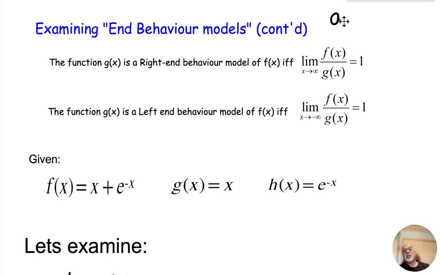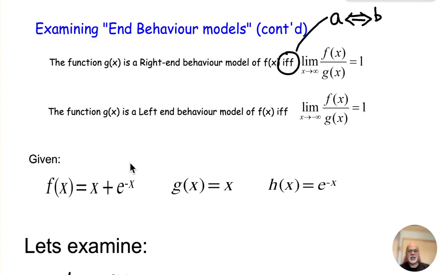In other words, if A implies B, B also implies A. So that's what IFF, if and only if, means. Likewise, the function g of x is a left end behavior model of f of x if and only if the limit of f of x over g as x is approaching negative infinity this time is equal to 1.